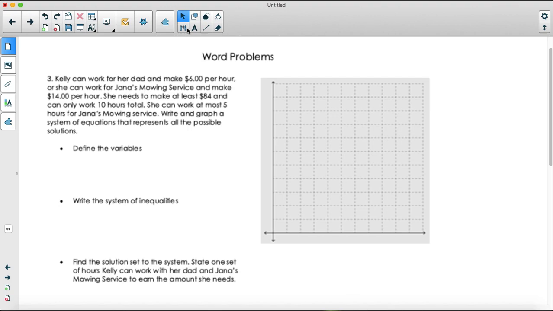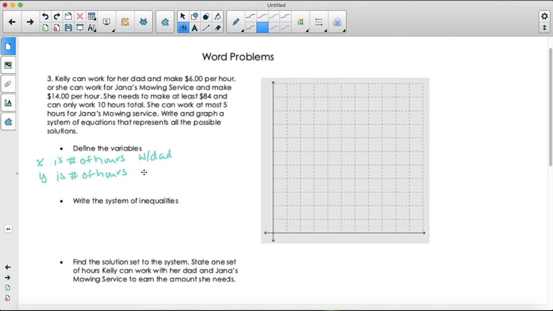So let's think about the information we're given. We know that she can work for her dad and she can work for Jana's mowing service. So let's focus on those two variables. X is number of hours with dad, and let's go with Y is number of hours with Jana's mowing service.